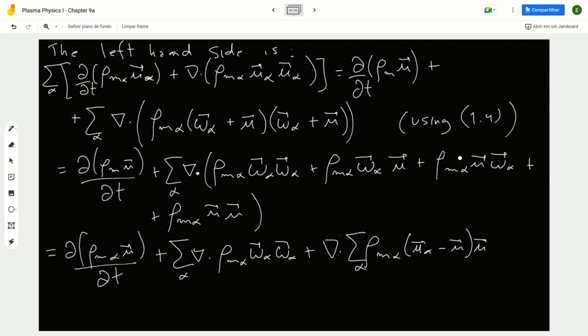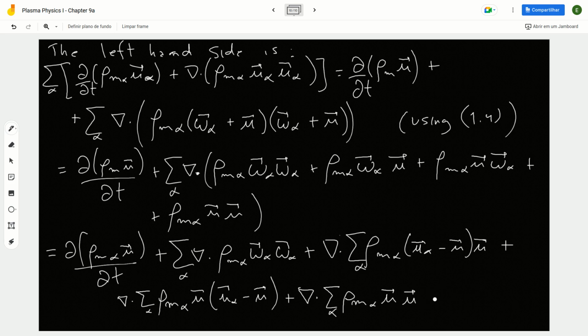Okay, this was this. For this one, we have something similar. I get divergence of the sum on alpha of rho omega alpha u alpha minus u plus, again the divergence here, right? Let's remove it from the sum. Divergence of the sum over alpha of rho alpha u u.